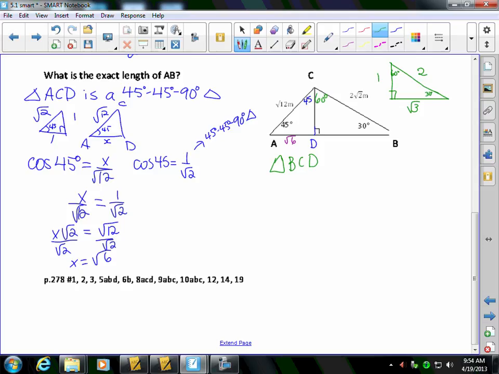So if we're looking at triangle BCD, what we're trying to find is this length here. So again, we can use cosine. If we call this little side here y, that's what we're looking for. We're going to use cos of 30, adjacent over hypotenuse. So cos of 30 is y over 2 square root 2.